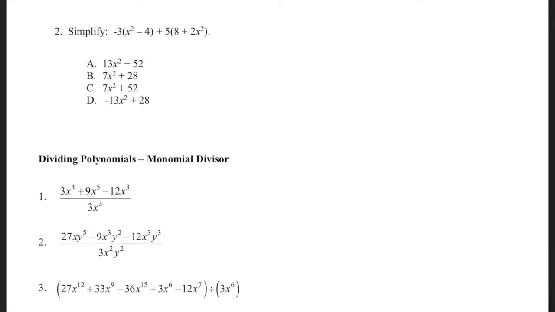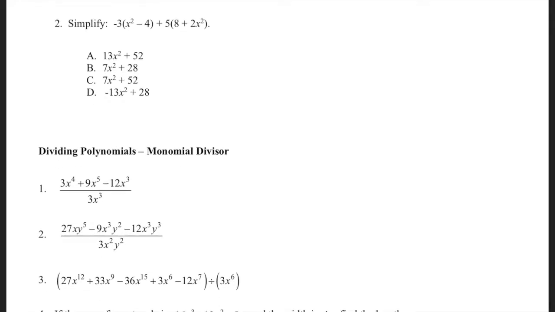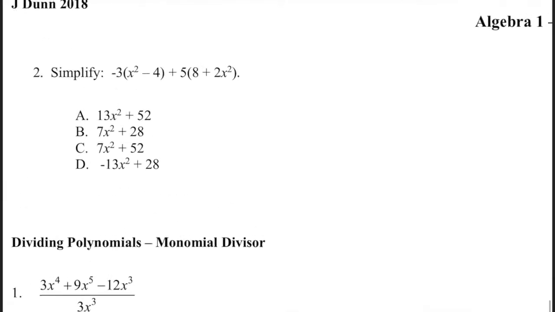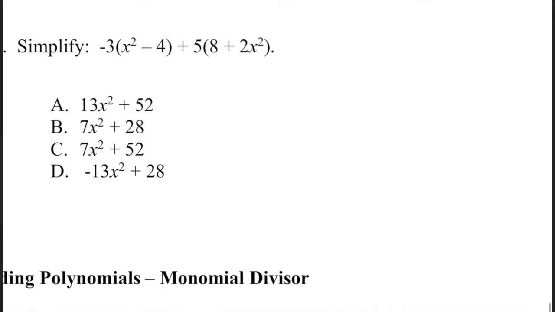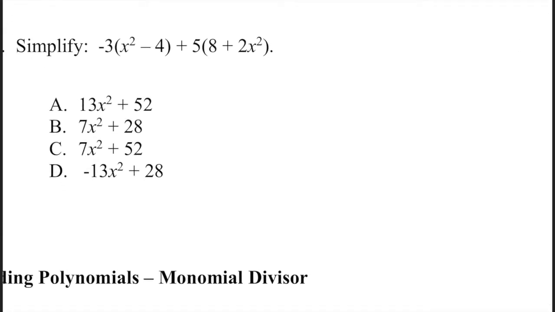All right, we're going to simplify this expression. So taking a look at it, what I'm going to have to do first is distributive property. Notice that I have plus here in the middle. If I had minus, it wouldn't matter because I would be distributing the negative already. So I'm not going to bother with parentheses. Negative 3 times x squared is negative 3x squared.